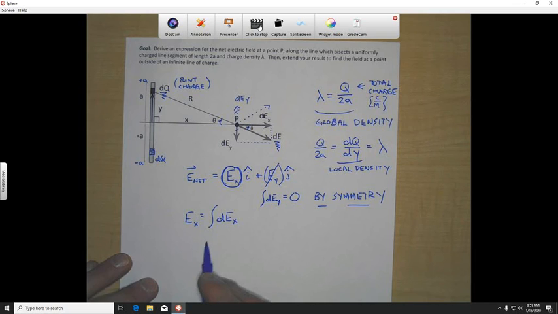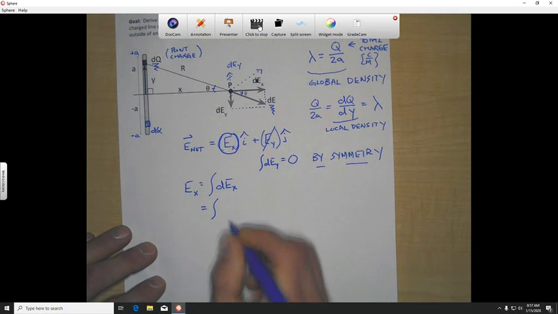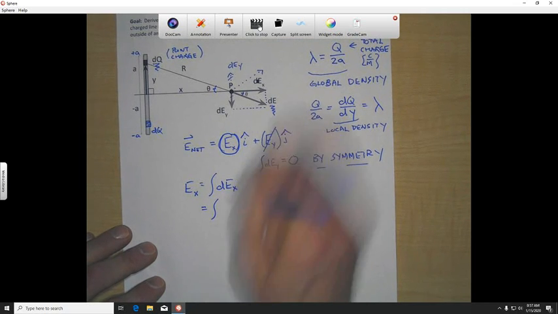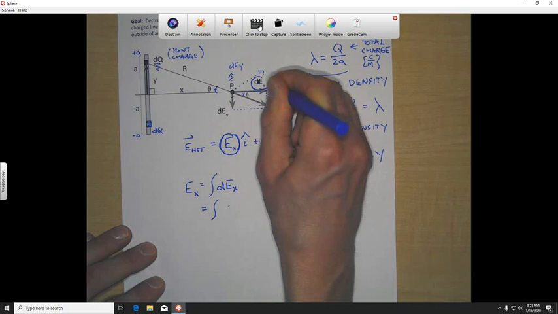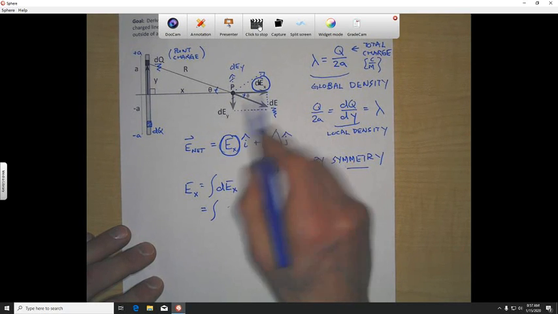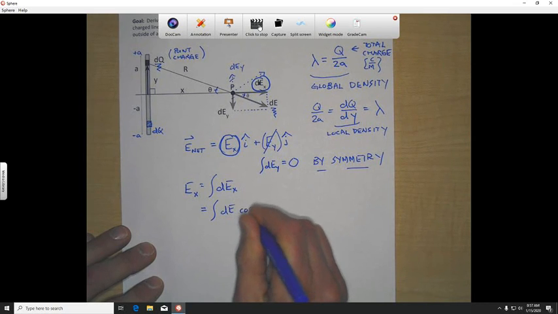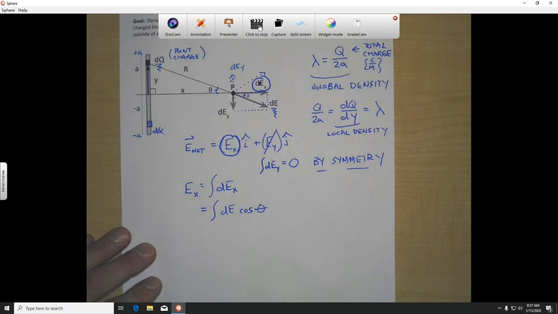All right. So now we have to work in the details. All right. So the first thing I'm going to do is I'm going to replace the dEx. I'm going to come up to my picture, and I see it here. dEx is this x component, and I know that I can get it from dE by multiplying by the cosine.